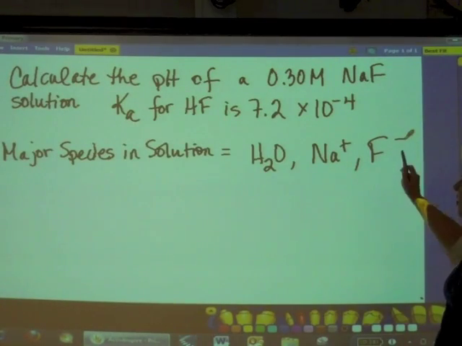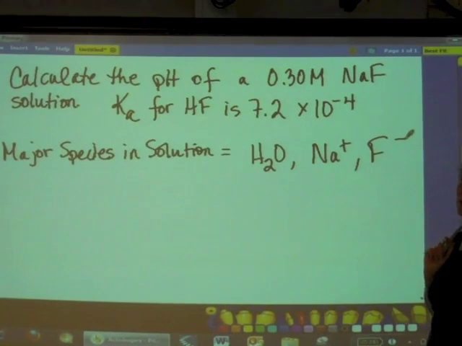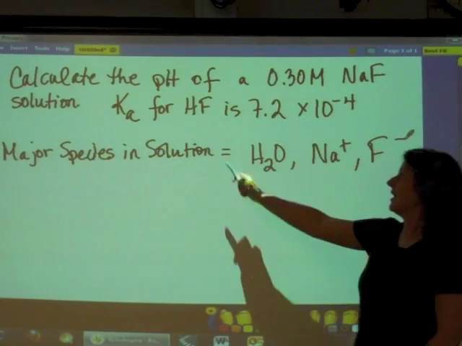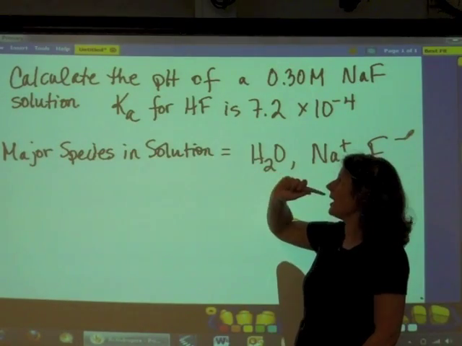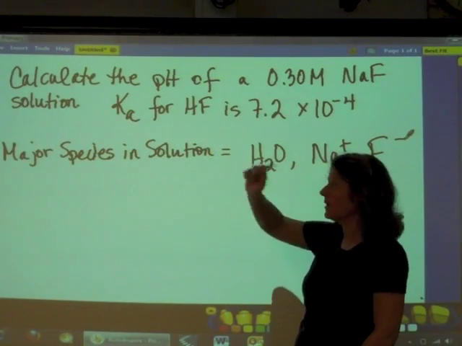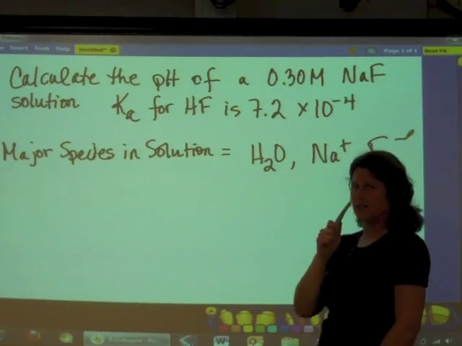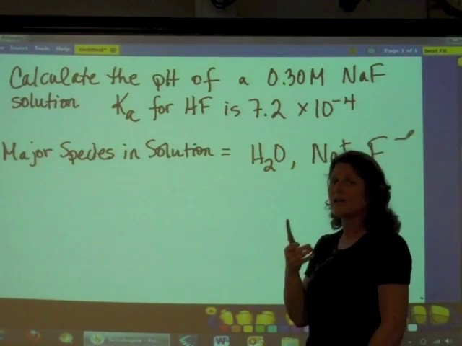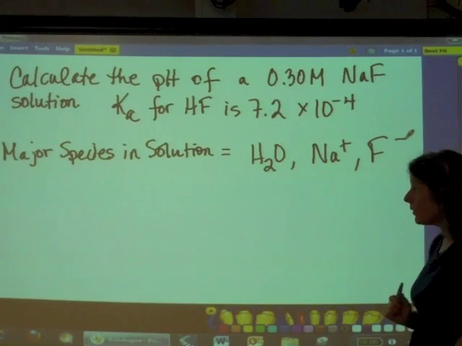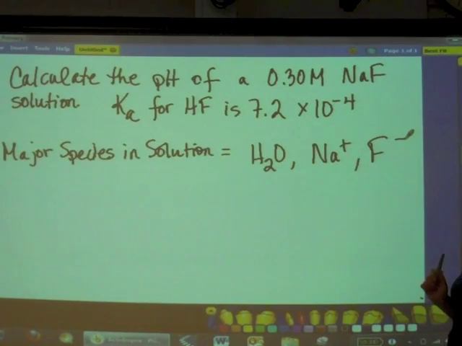It is the conjugate base of the weak acid HF. Oh, hey, look, what a hint. You're given the Ka for HF in the problem. That could help in kind of determining things as well. Okay, so the conjugate base of the weak acid hydrofluoric.